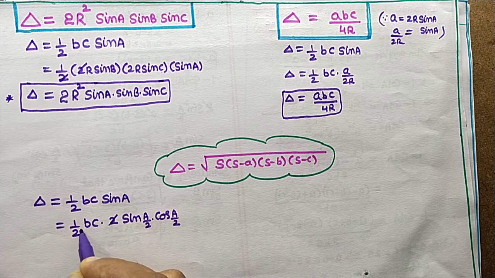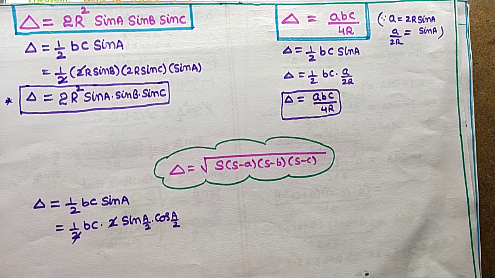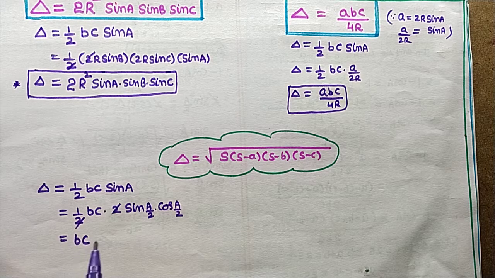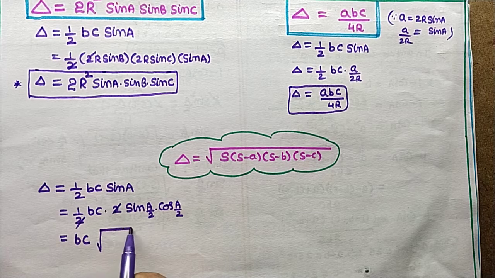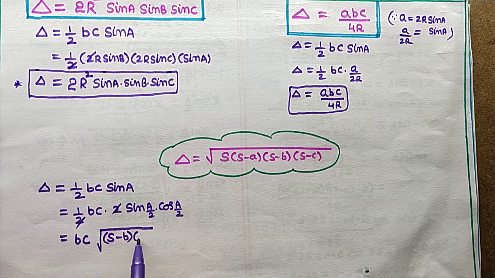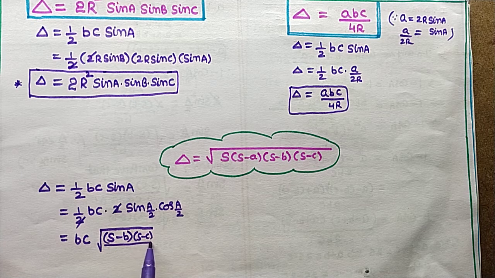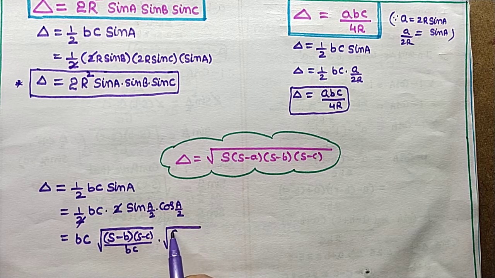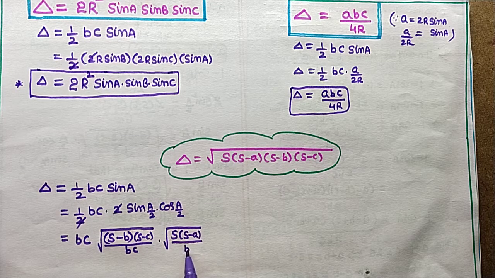After that the 2 gets cancelled. What is the formula for sin A by 2 and cos A by 2? Just now we discussed it in the previous session. So bc into sin A by 2, which is square root of (s minus b)(s minus c) divided by bc, into cos A by 2, which is square root of s(s minus a) divided by bc.